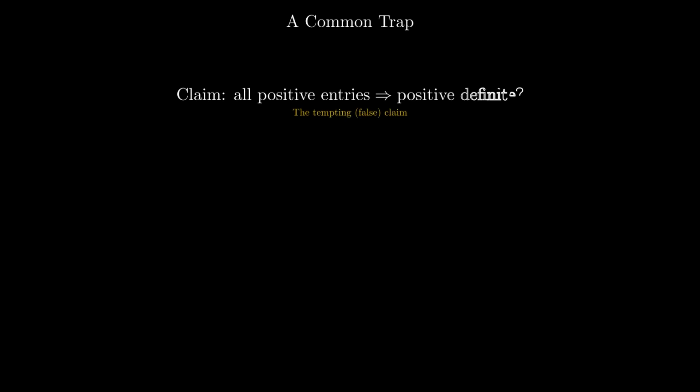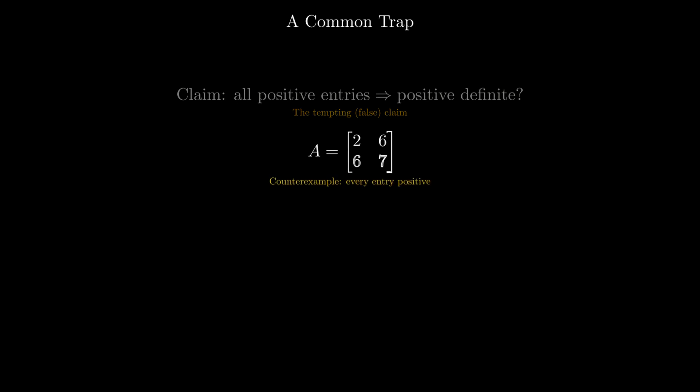Here's a common trap. Many students think that if every entry of the matrix A is positive, the matrix must be positive definite. That's false. Let me show you a counterexample. Take A with diagonal entries 2 and 7, and off-diagonal entries both equal to 6. Every single entry is positive, but this is exactly the c equals 7 case from before, and we already showed that one is indefinite.